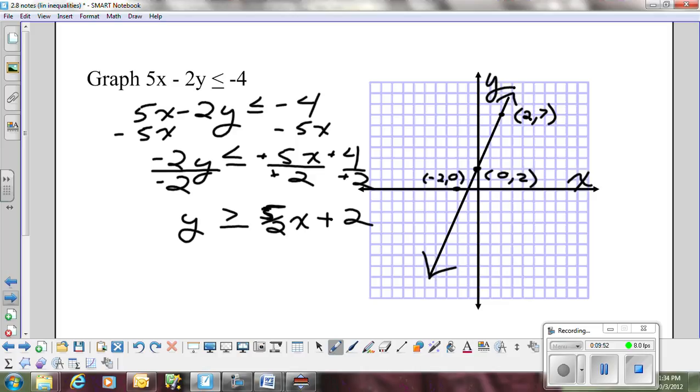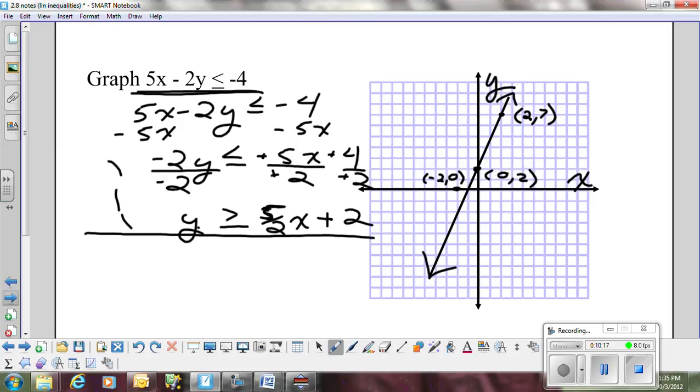Now, again, as a check, so that you don't compound errors, I would go back to the original equation to check my points. Because if I made an arithmetic error somewhere, I don't want that to become more of a mistake.